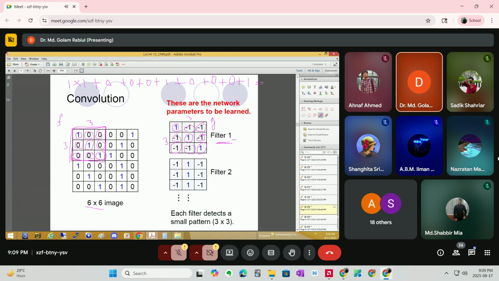So if we apply the convolution operation between this filter 1 and the first patch we have, then we will get 1, 1 and 1, that is 3. So for this operation, we will get 3.